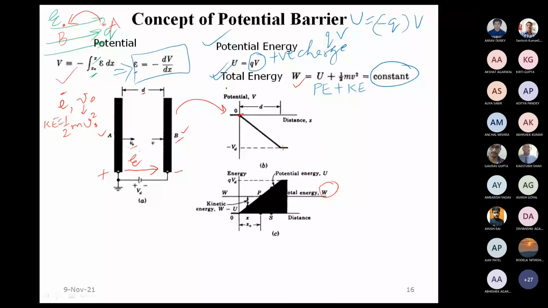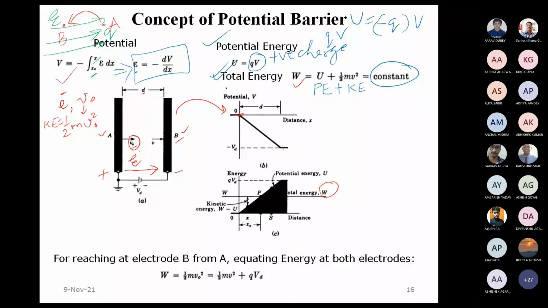Initially we are launching it at speed V naught, so the kinetic energy is certainly high, half m v square. So at plate A, the energy is in the form of kinetic energy, half m v square.